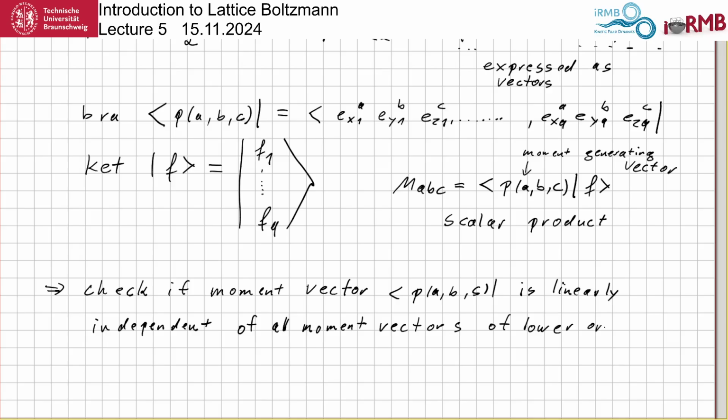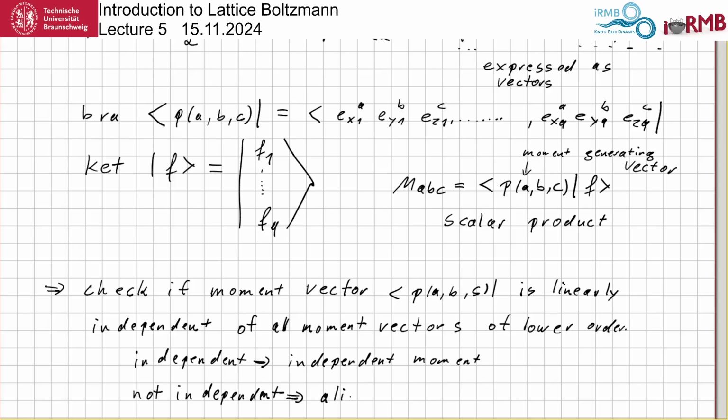This is the order. So if they are linearly independent, we get an independent moment. If not, the moment is not independent, and it means we have an alien moment.